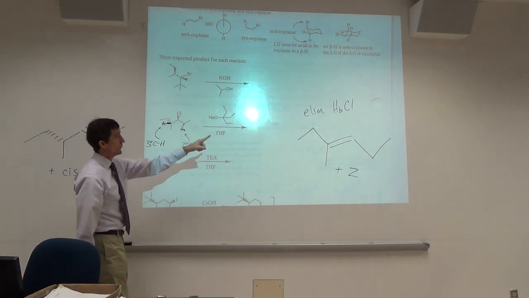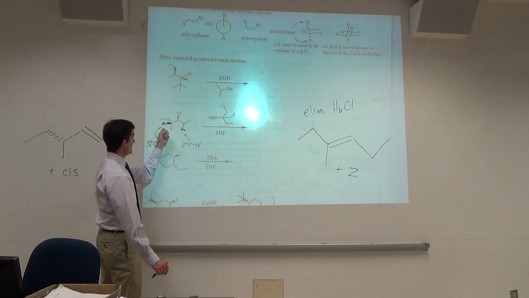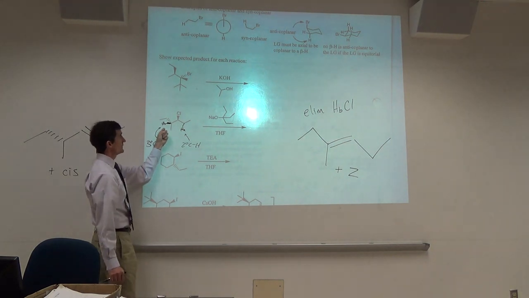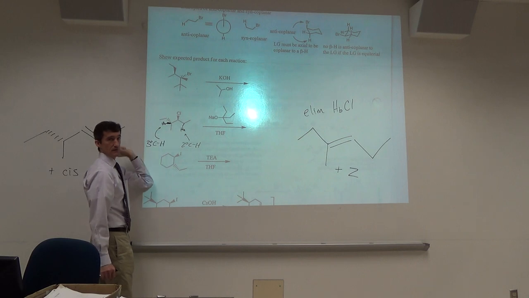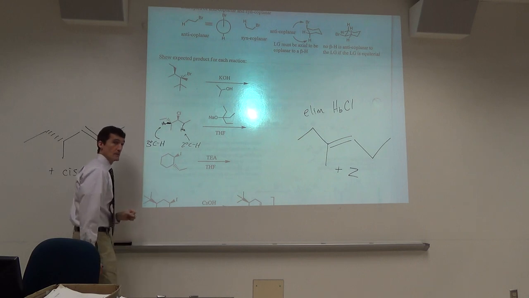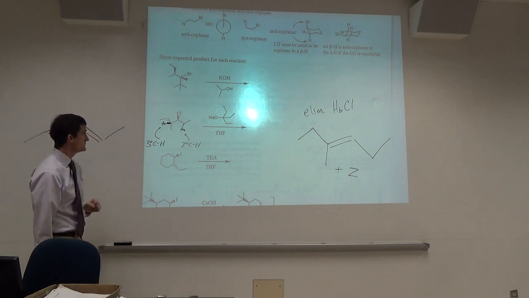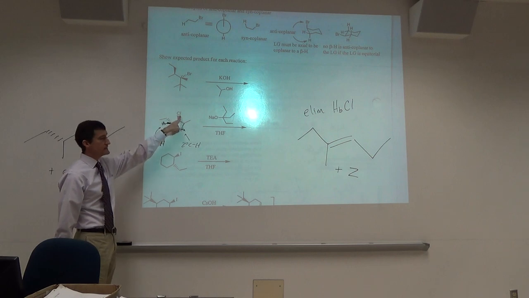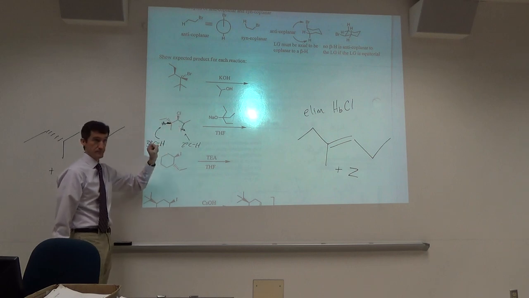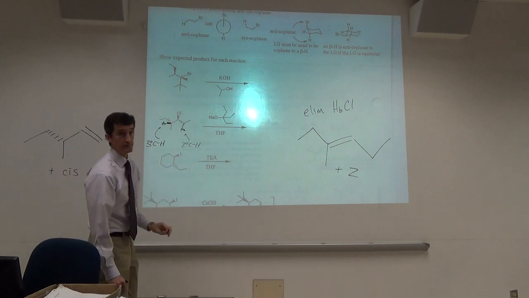So, if we're doing Zaitsev, we're eliminating HB. You've got to do this in a Newman projection, just like we did before. Do it in a Newman. Make sure HB and the Cl are anticoplanar, and see which one you get.